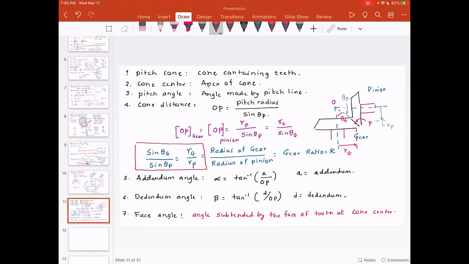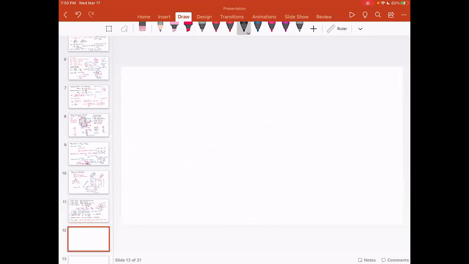And then there is an alternate way that this relationship can be written, but it's not really needed. So let me take two cases just for the discussion. Case one, when the bevel gears are at 90 degrees.